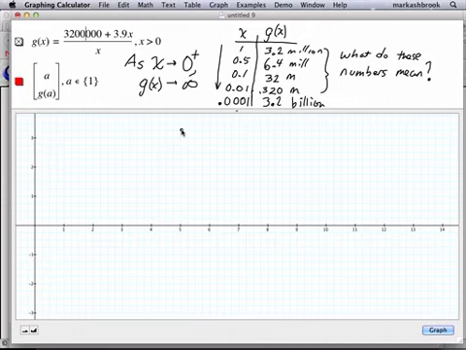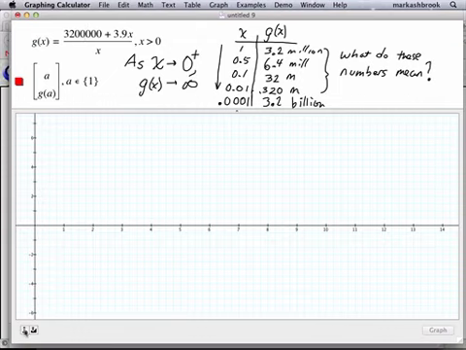Okay, so let's see this graphically. So right now, I'm graphing this first point, 3.2 million. I'm graphing it as a red point. Why can't I see it? So what am I going to change? How am I going to change the y-axis?